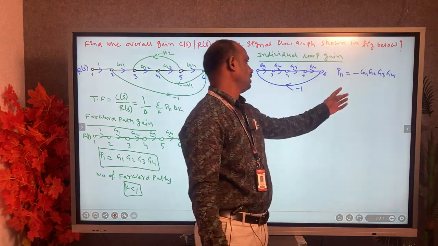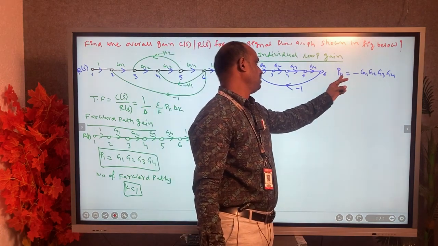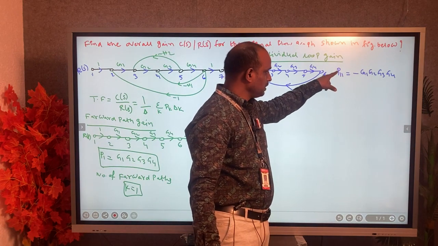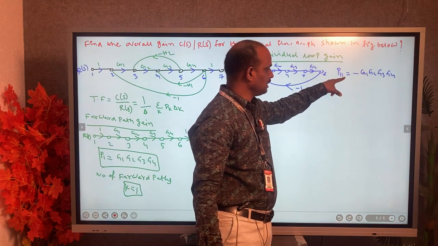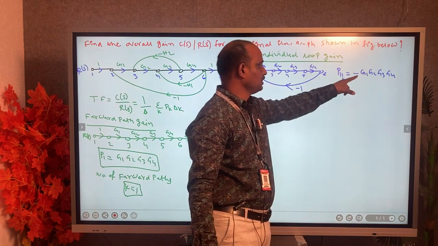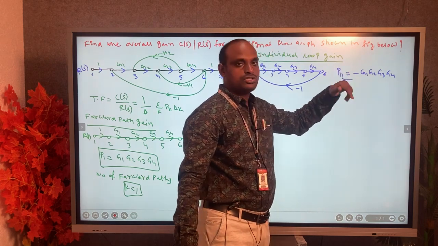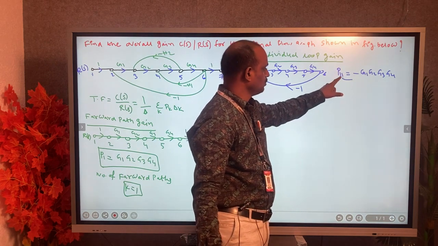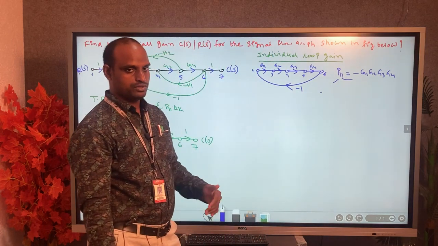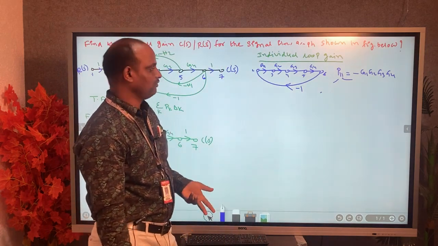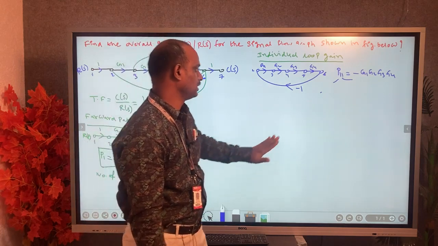We have given one indication here, P11. The suffix 11 indicates the first individual loop gain.